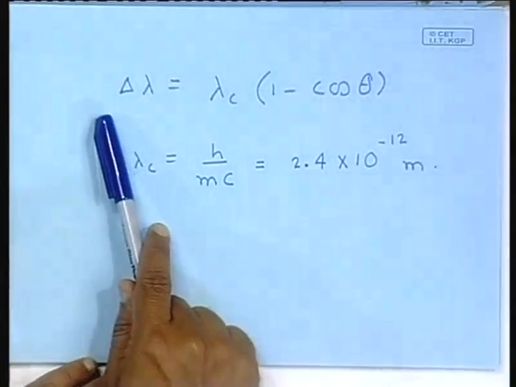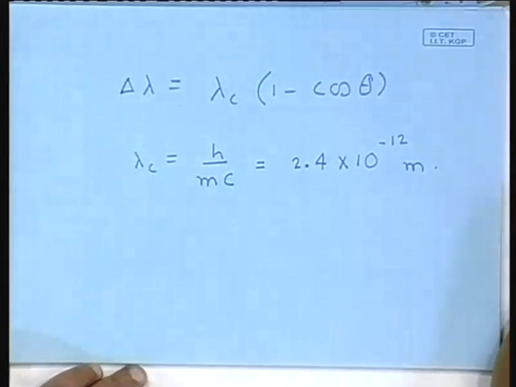So, if you assume that the incident X-ray comes in the form of particles called photons, and then calculate the energy transferred in this particle scattering, and then calculate the shift in the wavelength of the photon, then you get this prediction.